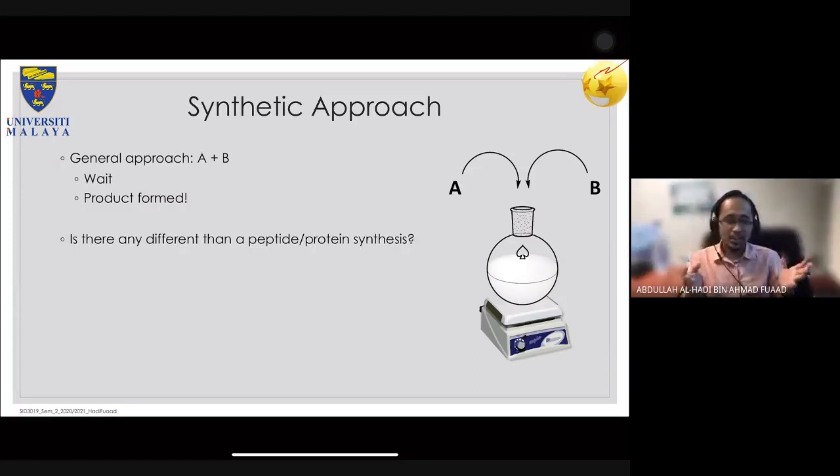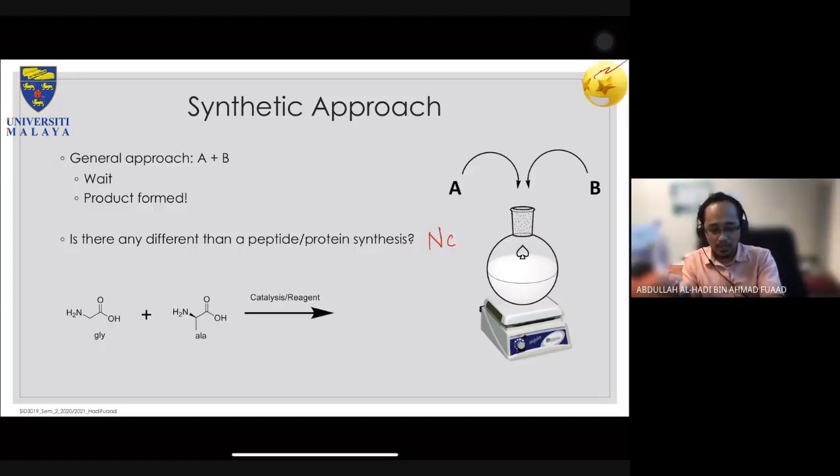So is there any difference compared to a peptide or protein synthesis? Hopefully your answer is no. There is no difference if you're thinking about chemical synthesis.